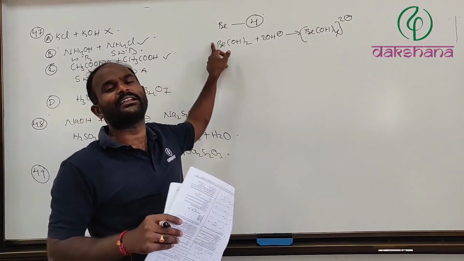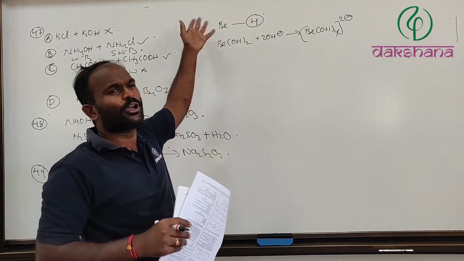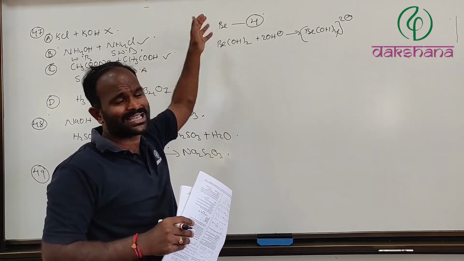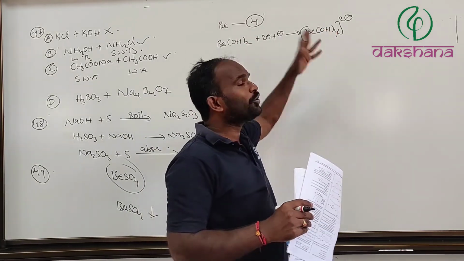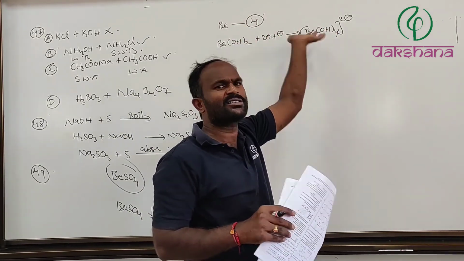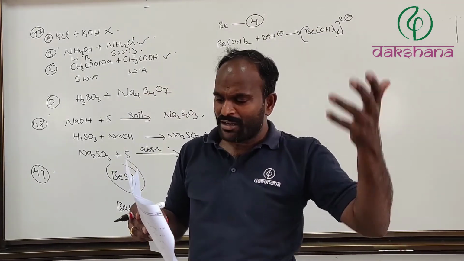Only because of the vacant orbitals, the 2s and 2p orbitals, that are present. That's why coordination number 4 is possible. No d orbitals are present. When d orbitals are present, coordination number 6, which means more than 4, could be possible.